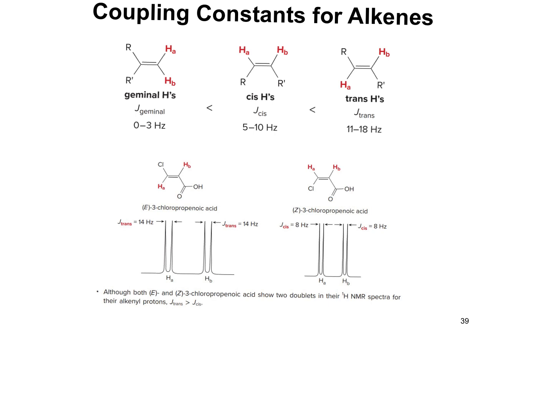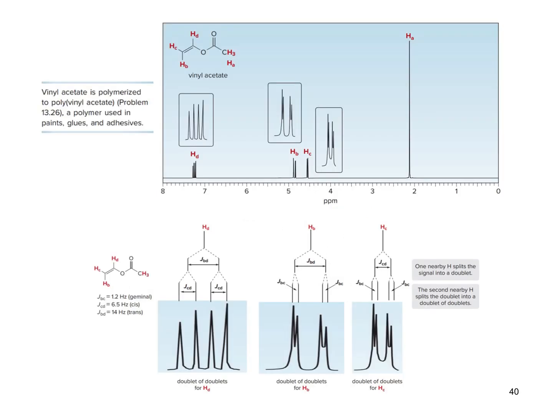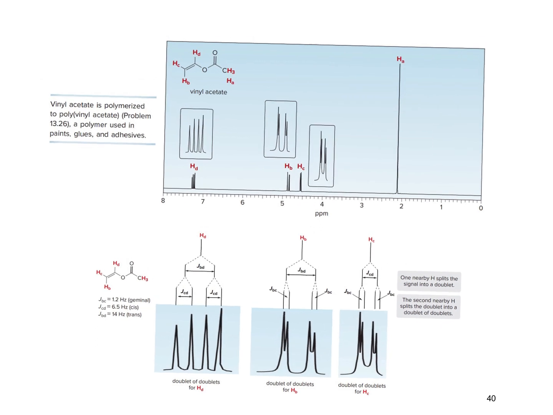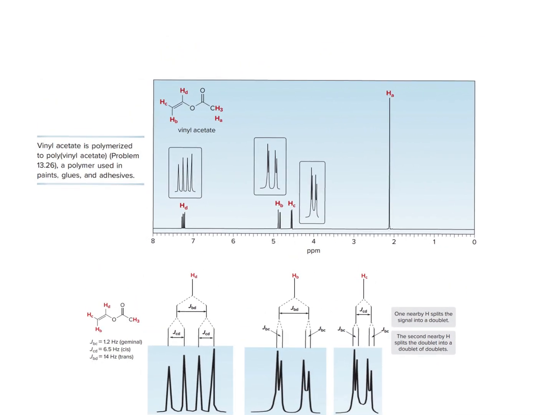Now, let's look at maybe a more complex example. When we have a double bond that is monosubstituted, basically what happens is there are three non-equivalent protons. This is an example where we have a double bond that's monosubstituted, so there's only one substituent, and you've got 1, 2, 3 protons, and all of these are not equivalent because they're in different chemical environments.